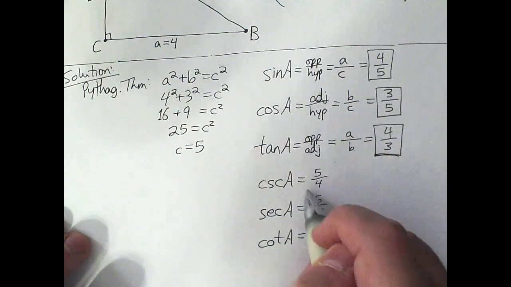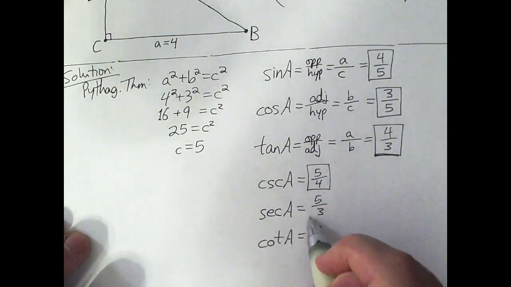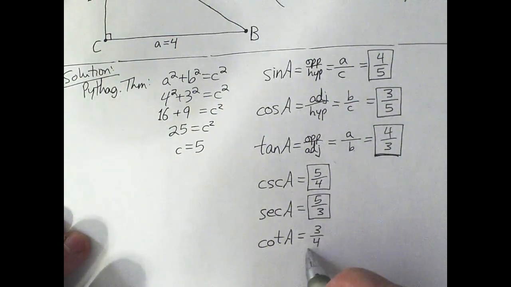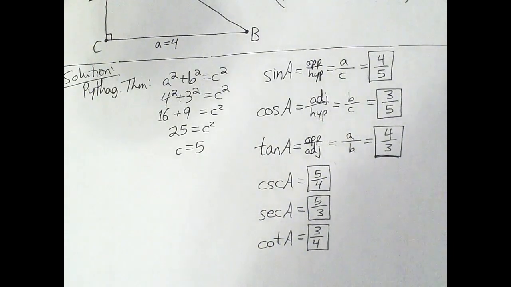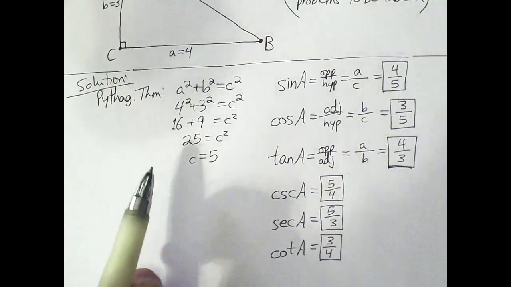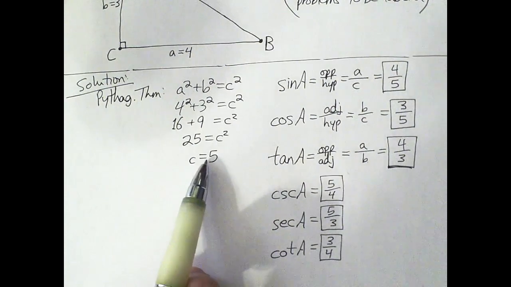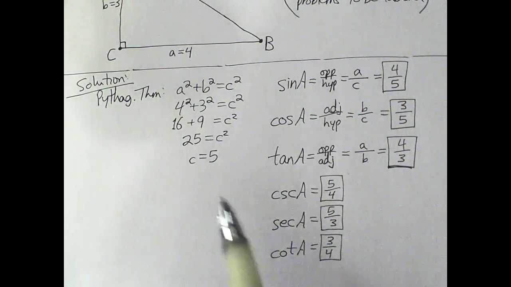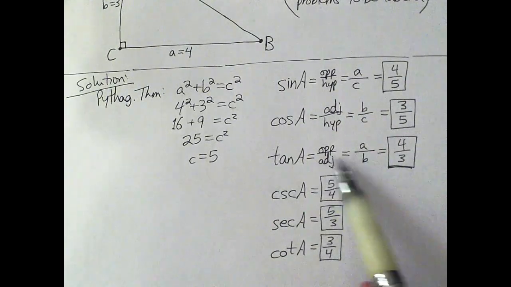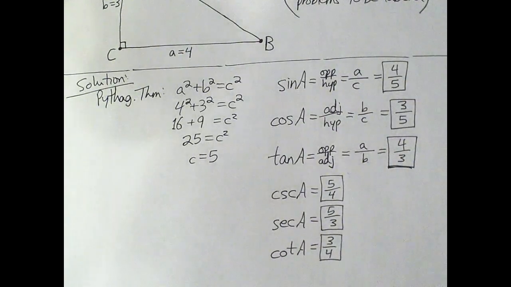I just flipped the other 3 answers upside down. And that's good. We found all 6 answers that it wanted. You see how it was helpful to find the hypotenuse first? We needed it for some of these. I guess we didn't need it for all of them, but we needed it for about half of them. No, we needed it for more than half.